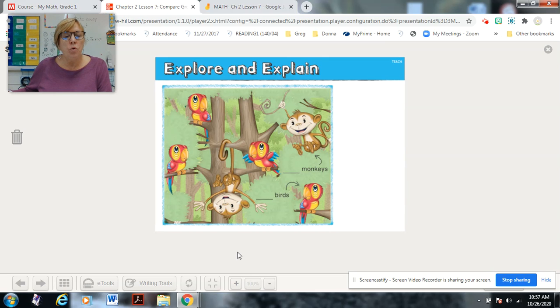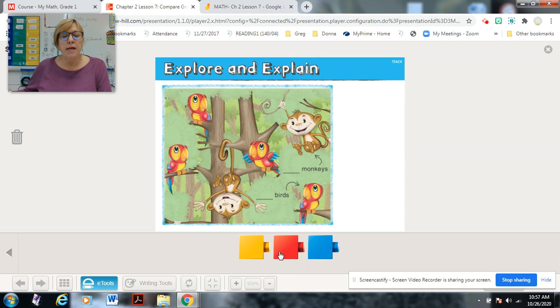Now, with your connecting cubes, I would like you to place one color on the parrots. I'm going to use red, and I'm going to place the red ones one on each parrot. 1, 2, 3, 4. And then I'm going to take my yellow and put 1 on each monkey.